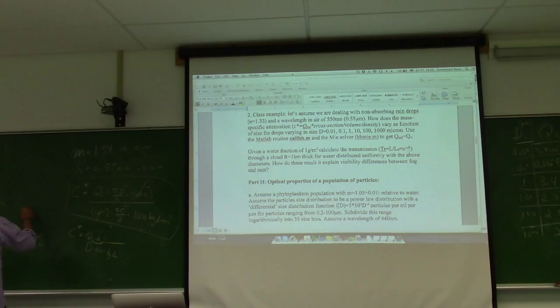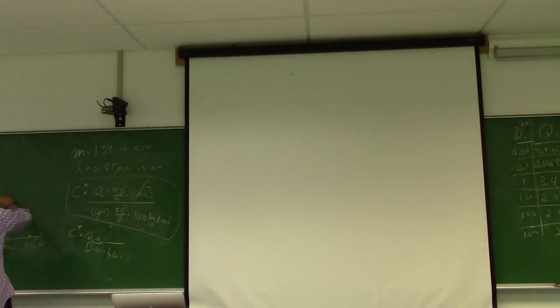So I'm somewhere here. Okay, so in this logarithmic scale, I get the most bang for the buck for droplets of 1 micron. If I take the same amount of water and divide it between drop sizes from 0.01 micron to 1,000 micron, this is where I'll get the most attenuation.